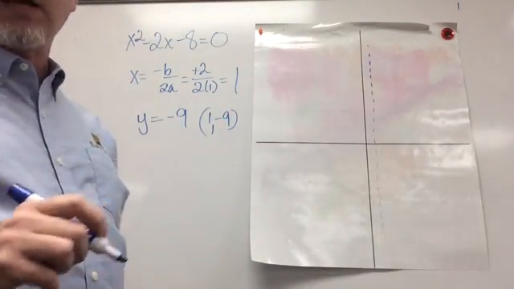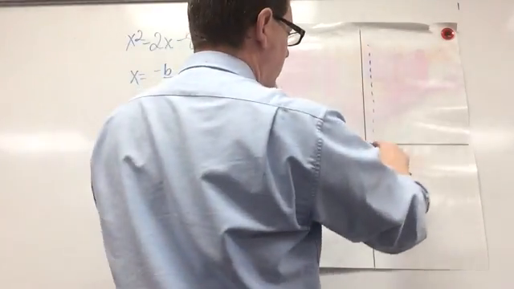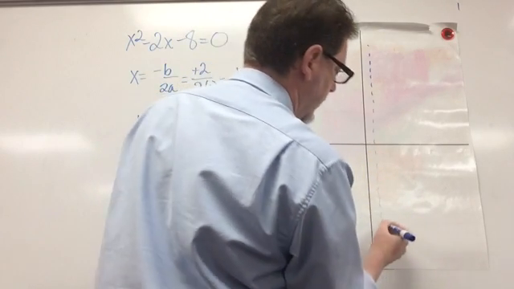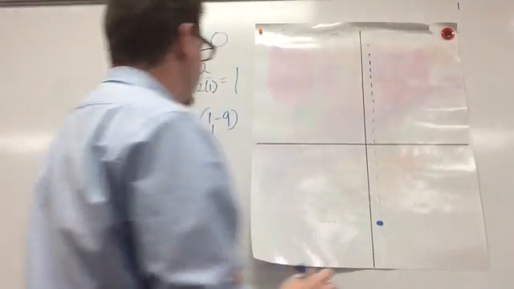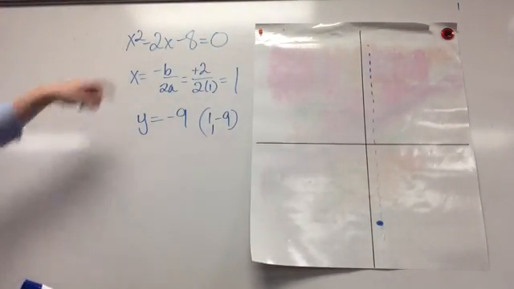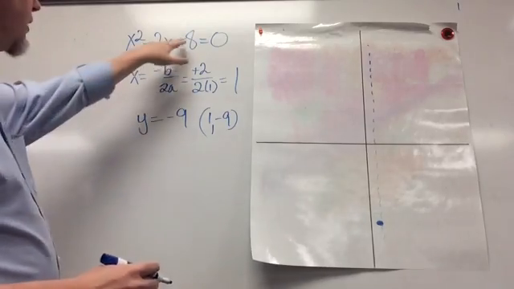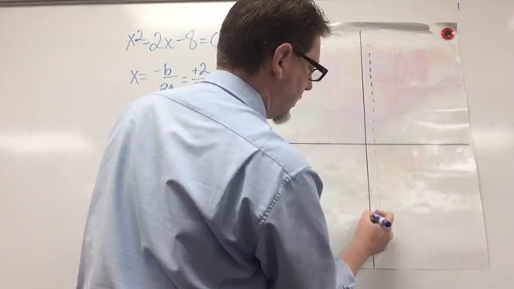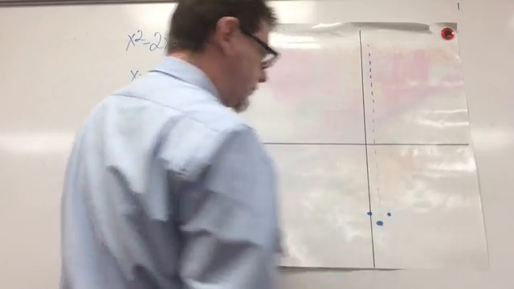So I'm going to plot that: 1 comma, 1, 2, 3, 4, 5, 6, 7, 8, 9, and there's my vertex. We know because a is positive that it opens upward. Now let's look at our y-intercept, which is negative 8, so I'm going to put my y-intercept at negative 8, and I have a point right there.